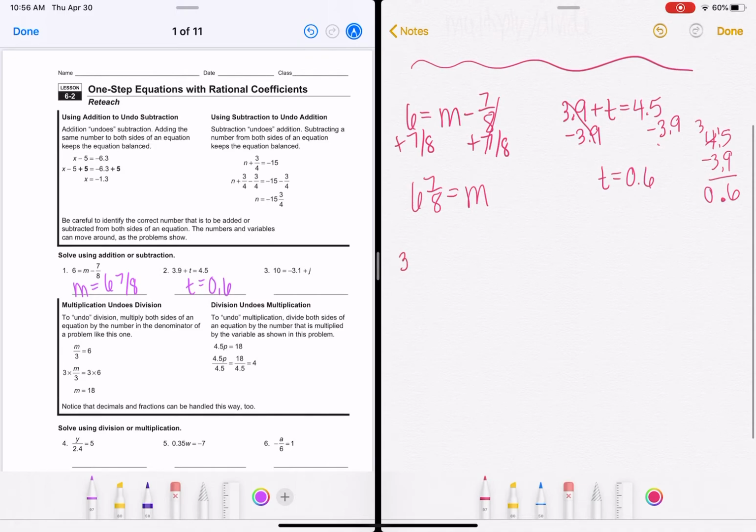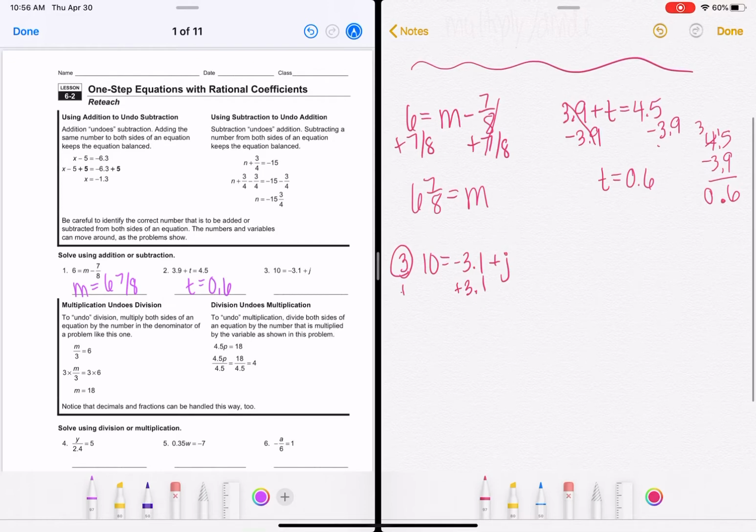And number 3, we have 10 equals negative 3.1 plus j. So now in this situation, we have addition, but we have a negative number. And we want to think about what number can I add to negative 3.1 to make it 0. So the opposite of negative 3.1 is 3.1. So we're going to add 3.1 to both sides.